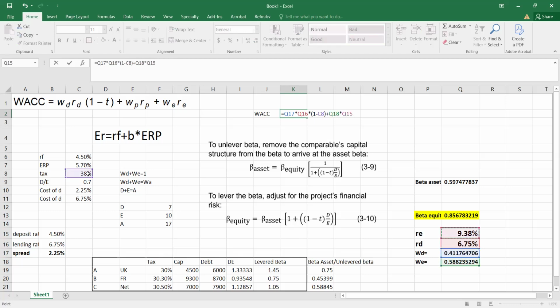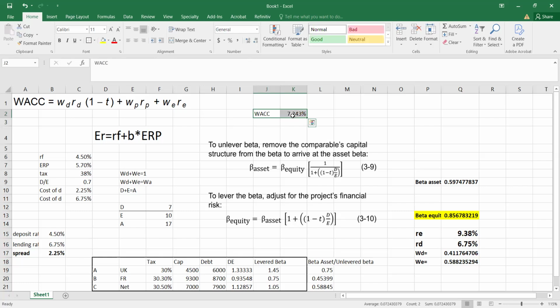That's it. That will be your WACC. That's the way we calculate WACC actually.